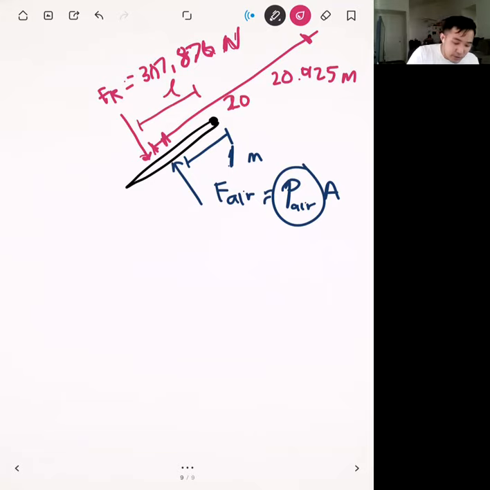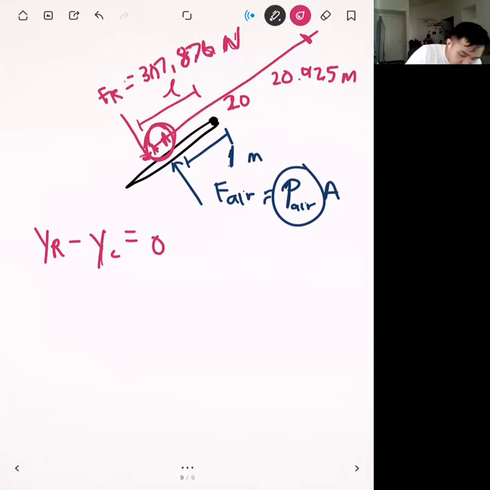And so the distance between this force and this is simply going to be the difference between the two. So we have YR minus YC.